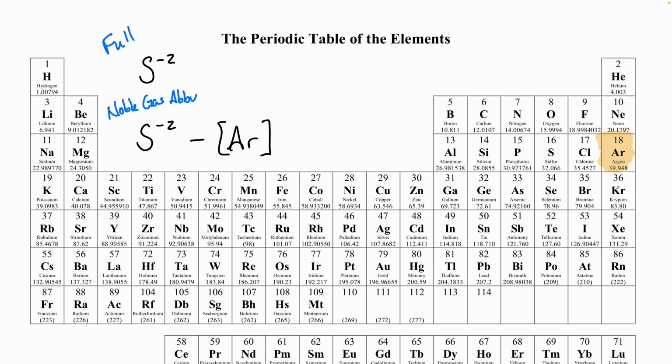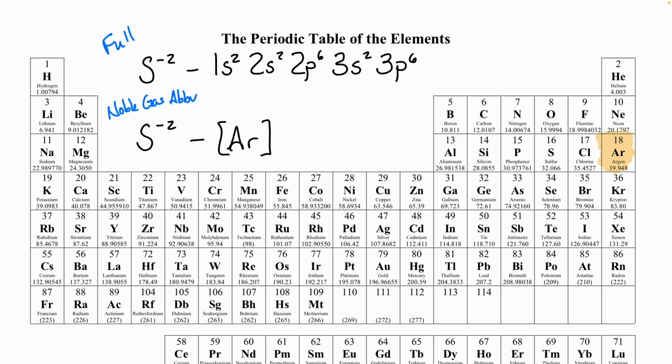So then if I need the full electron configuration for the sulfide ion, I'm going to give you that of the argon, right? That full electron configuration of the argon atom. So that's going to be a full 3p shell, 3p6, before that's 3s2, 2p6, before that's 2s2, and then finally in front of that is the 1s2.